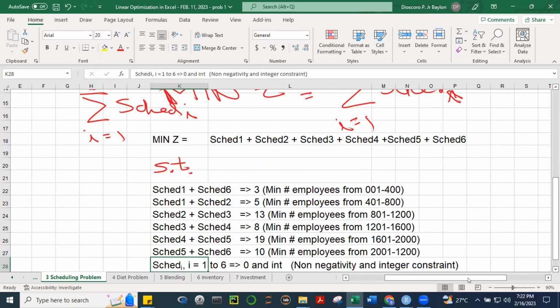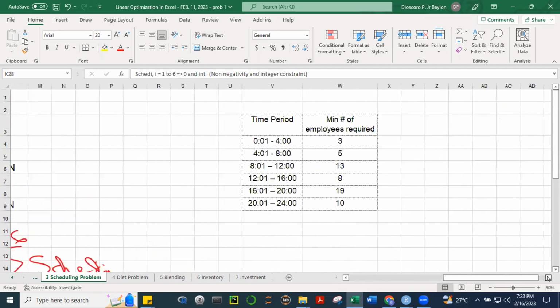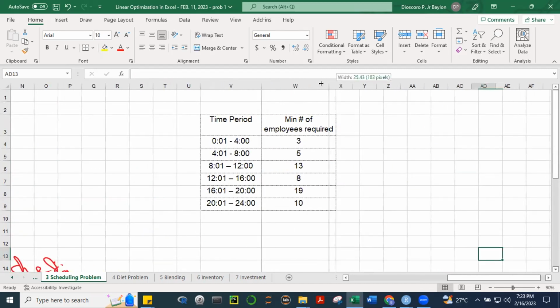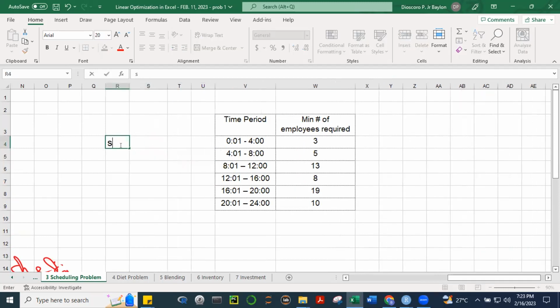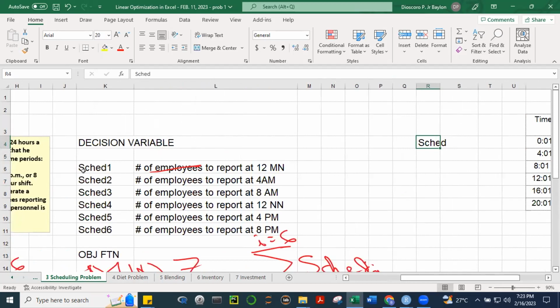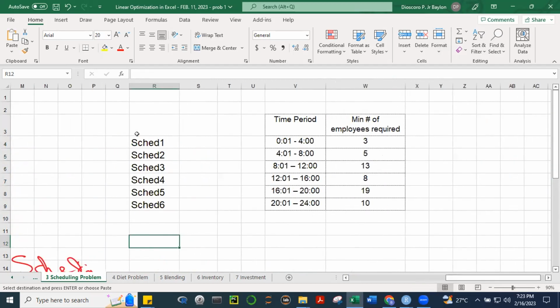Okay. All right. So we're ready to solve this. Now, again, it's really up to you how you will set up your model. Perhaps what I'm going to do is pattern it after this one. So I'll put here sched1. I think I have the word sched1. All right, I'll use this, Control C, Control V. And as I said, each decision variable should have its own cell.